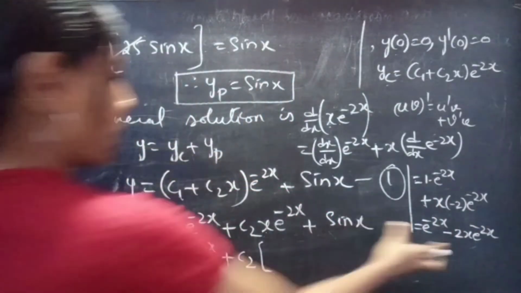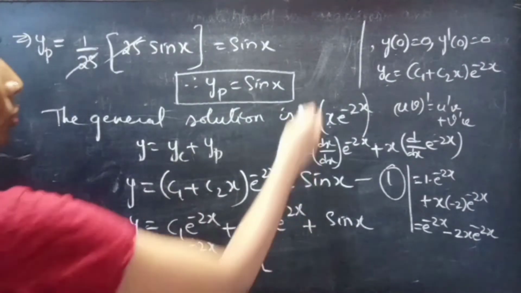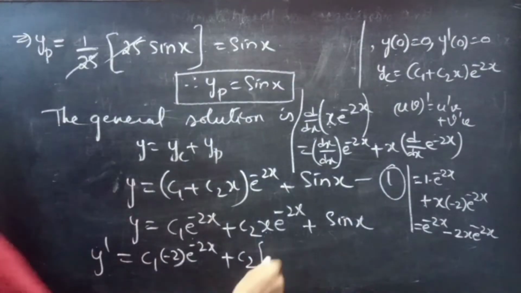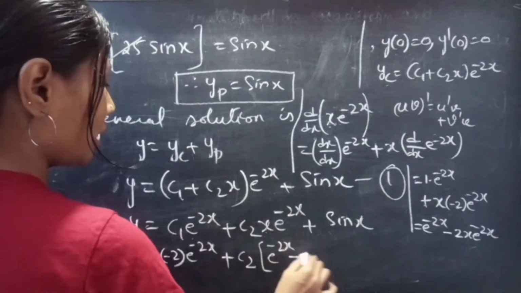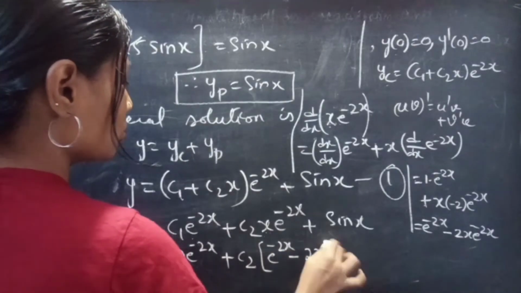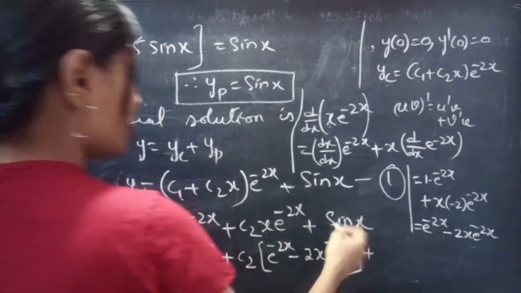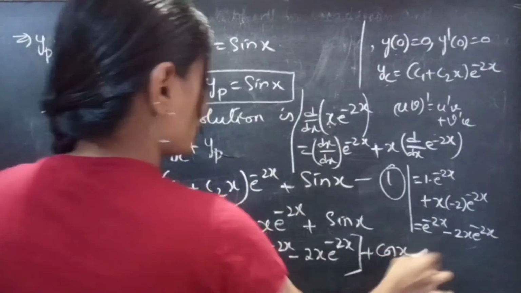So I'm going to write this directly here. Derivative of x into e power minus 2x is e power minus 2x minus 2 into x into e power minus 2x, plus derivative of sin x with respect to x is cos x.